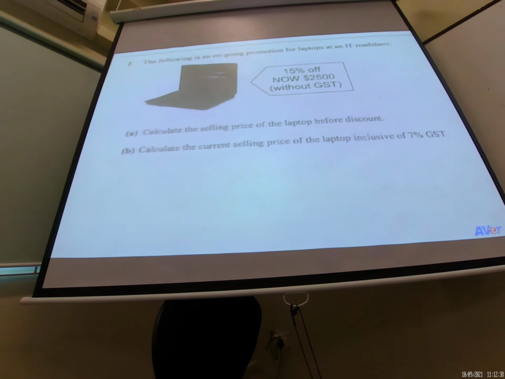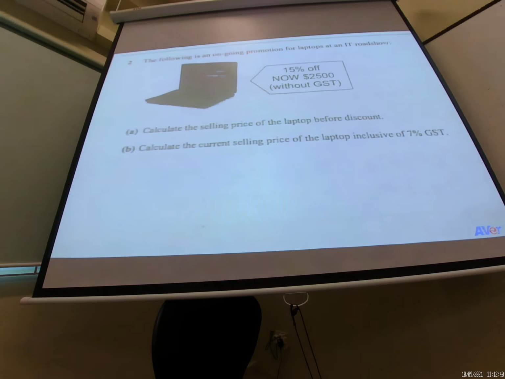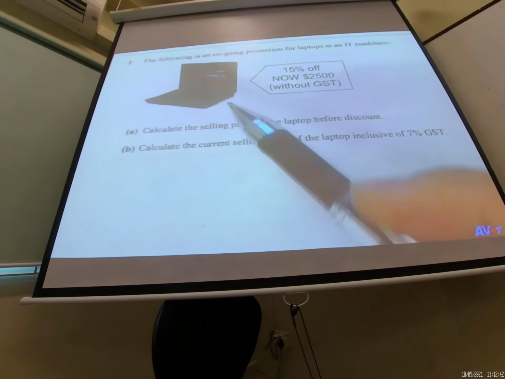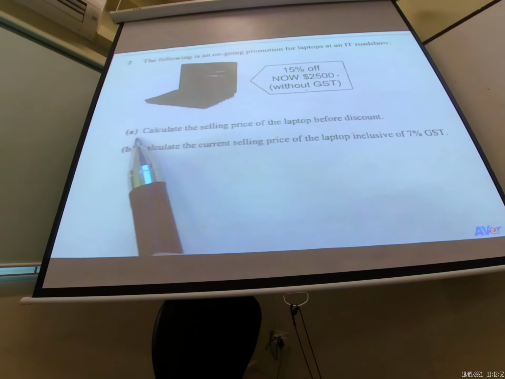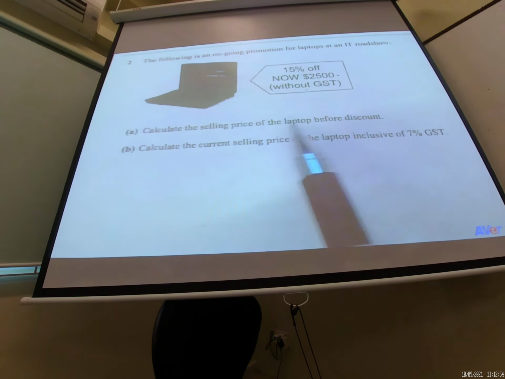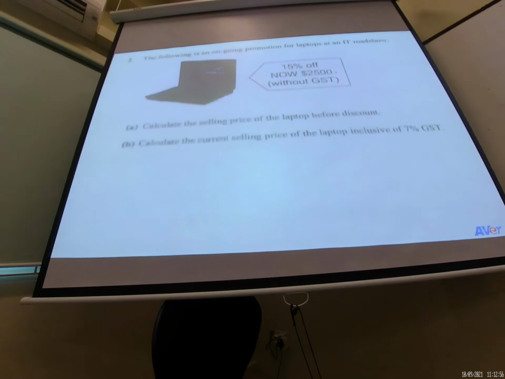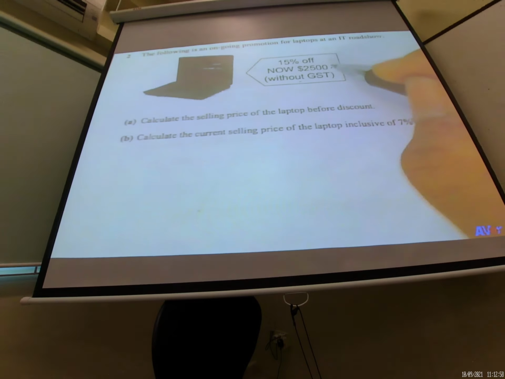Question 2. This is a laptop. After 15% off, the price is 2,500 without GST. Part A, calculate the selling price of the laptop before discount. So this 2,500 is when it is already 15% off.